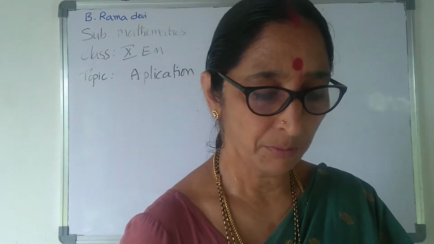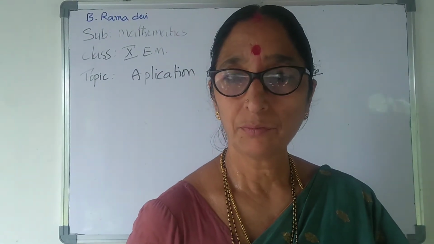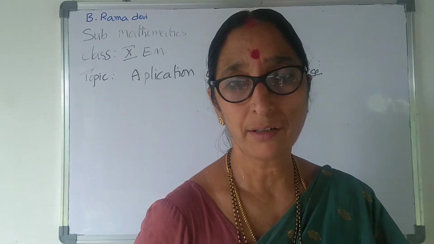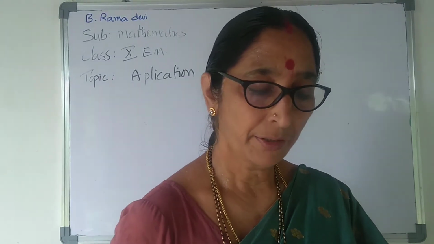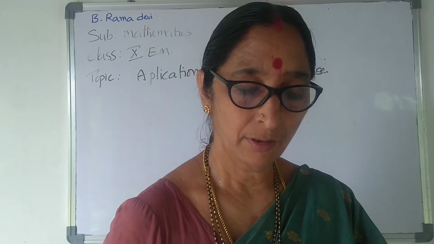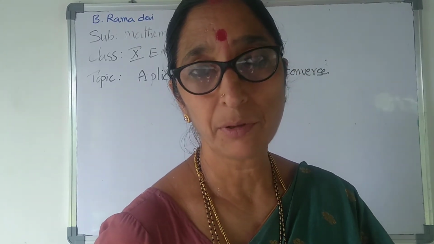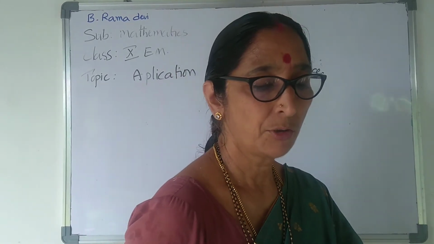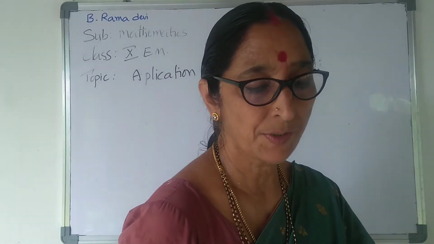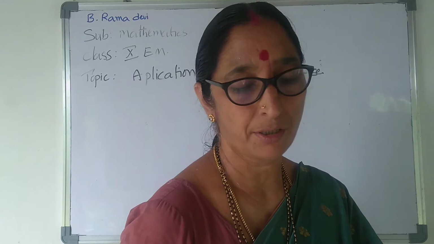Read the problem and analyze the data. In triangle PQR, PS by SQ is equal to PT by TR.